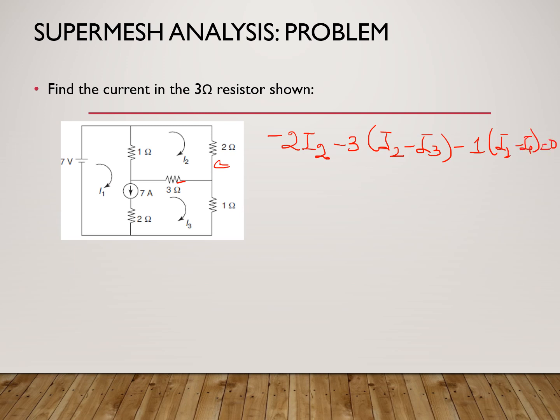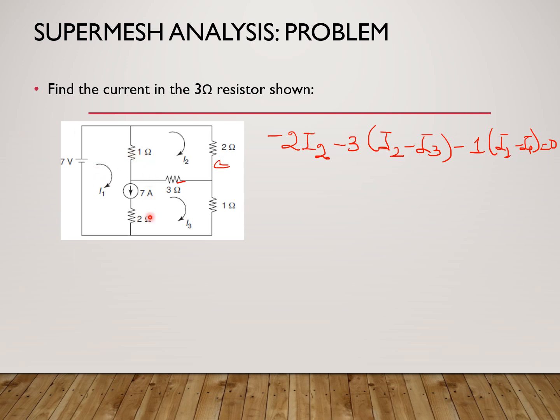In this case also, I2 is flowing upwards through the 1 ohm, sorry, and I1 is flowing in the downward direction. Since you are writing the equation for mesh 2, you are going to end up with this equation. So we have got three equations.